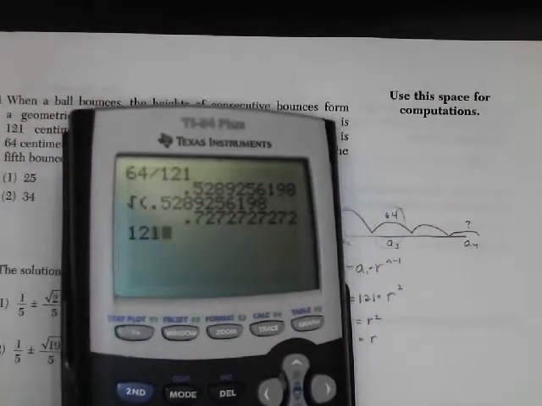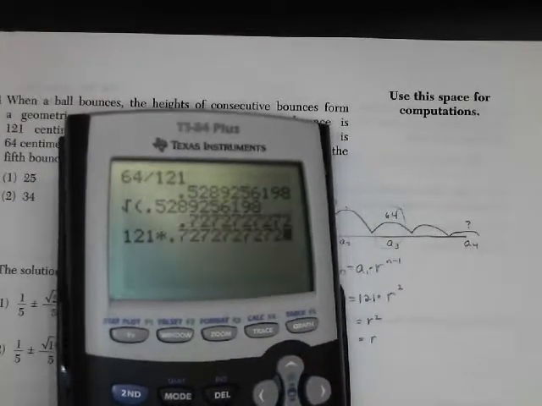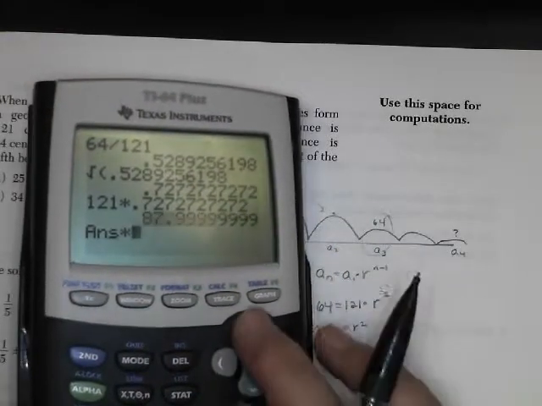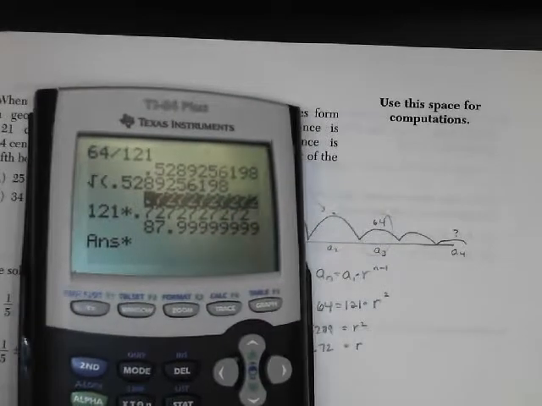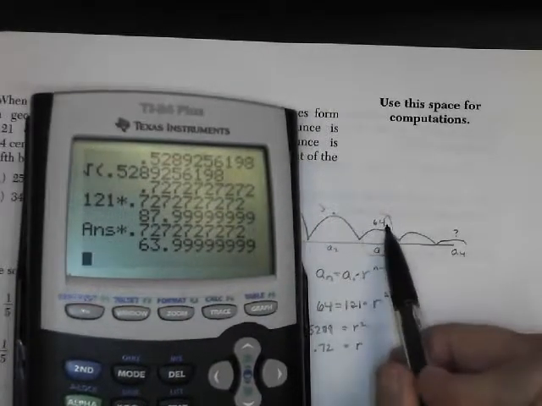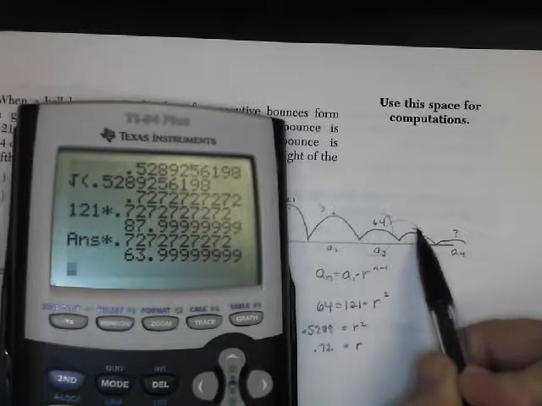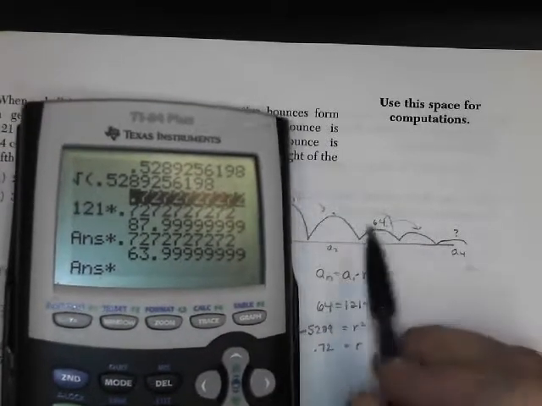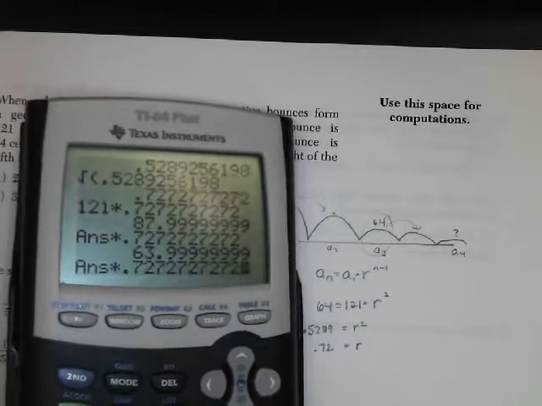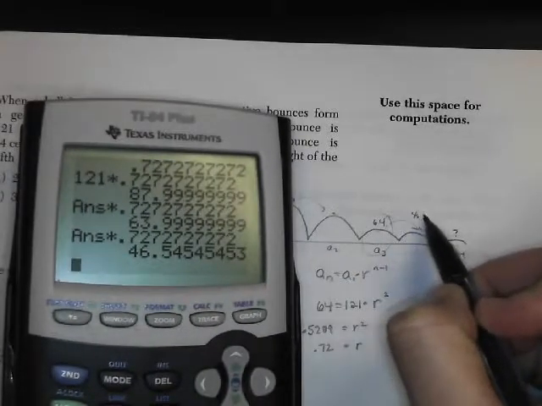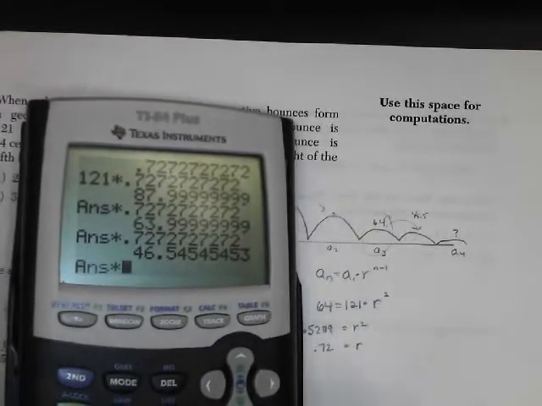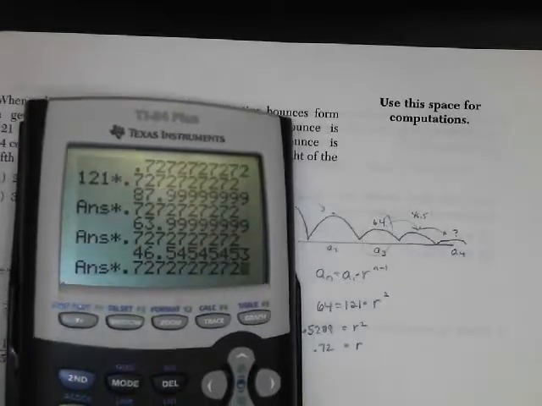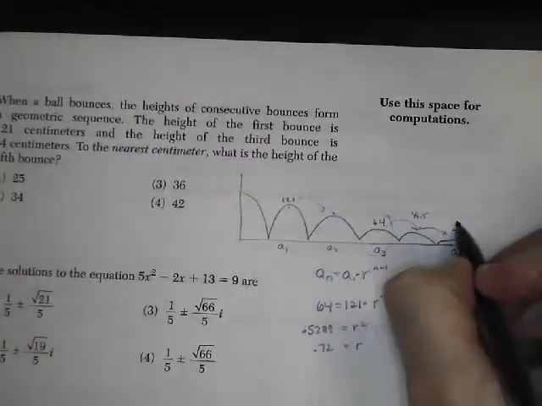We can confirm that: 121 times that r value gives us this, times that r value again should give us 64, which it does. Times that r value again would give us the fourth term, about 46.5, and take that number and multiply it by your r value to get our fifth bounce, which is 33.85.